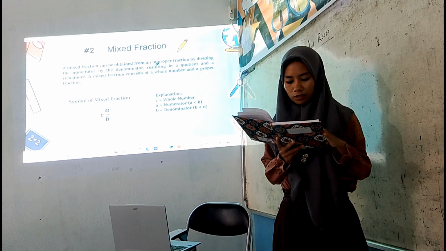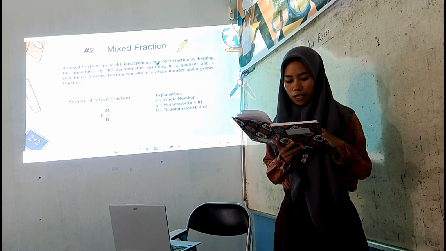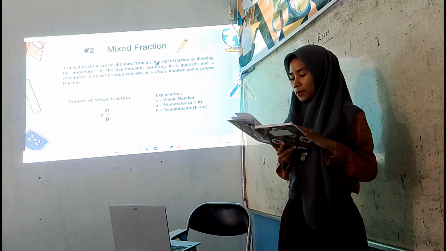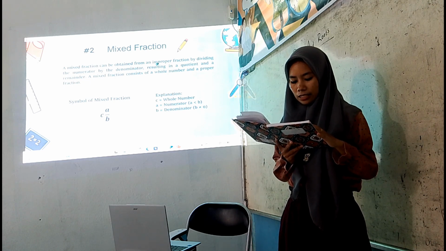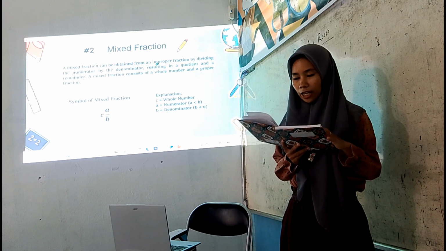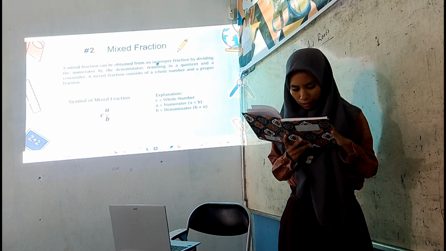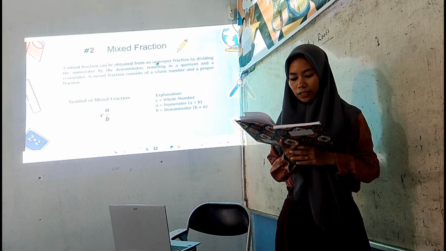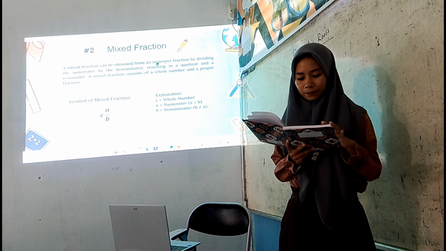A mixed fraction consists of a whole number and a proper fraction. The symbol of mixed fraction is C A/B. Explanation: C is the whole number, A is the numerator, and B is the denominator.